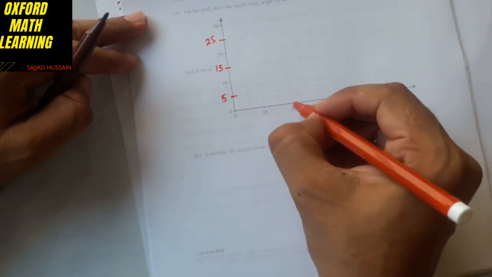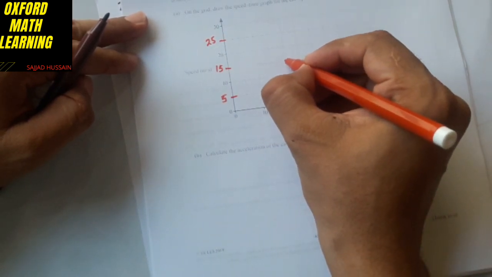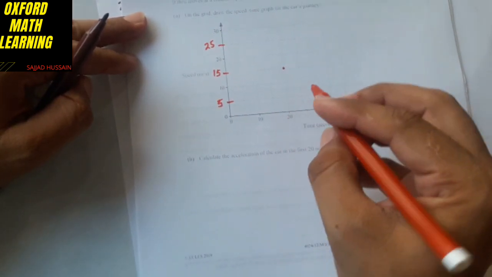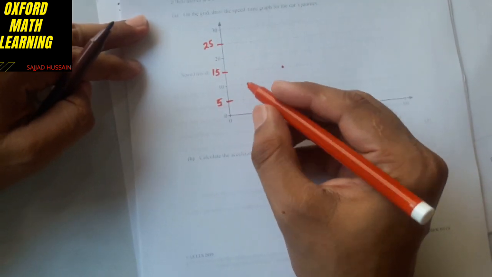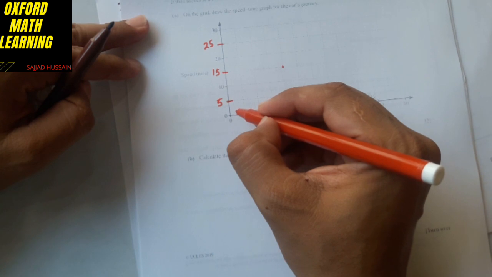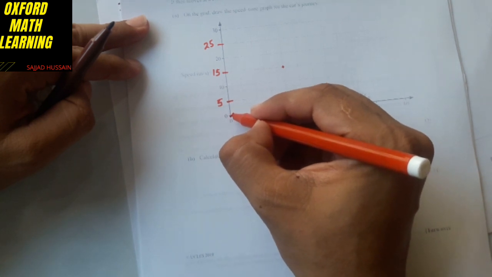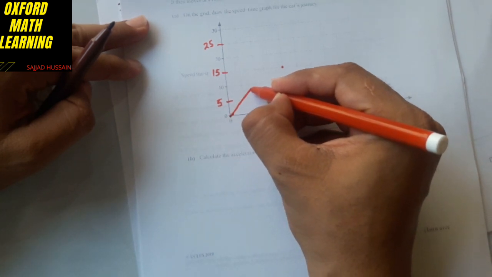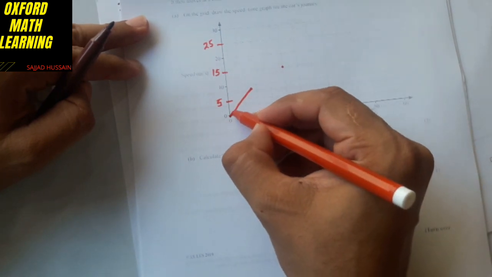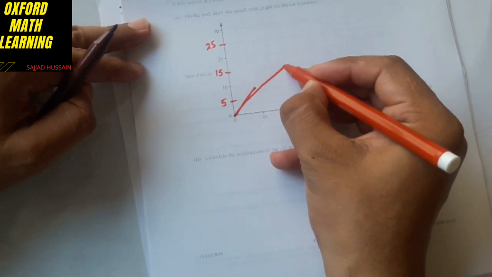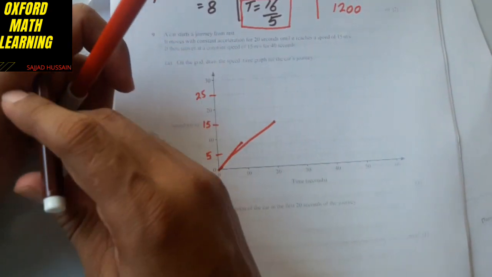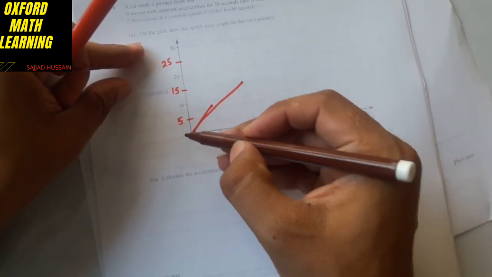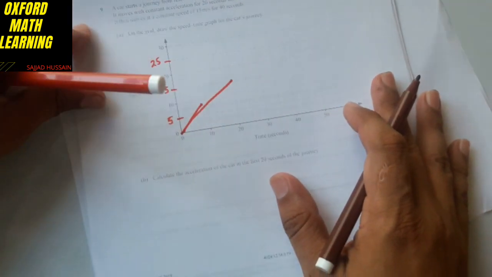So in the first 20 seconds it has to reach a speed of 15 with constant acceleration. This is your line. I don't have a ruler this time, so please draw it in a straight form.